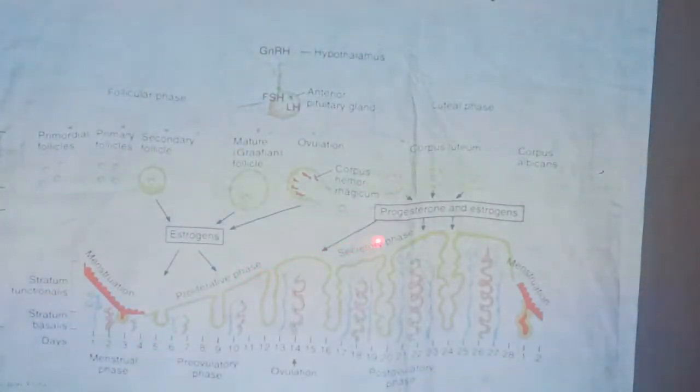But here what happens? With the help of LH, it will convert into corpus luteum, and this thickened part is maintained by this one. And this maintenance is up to the 28th day.